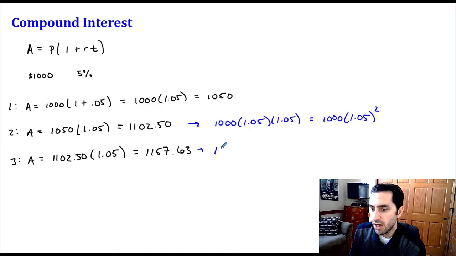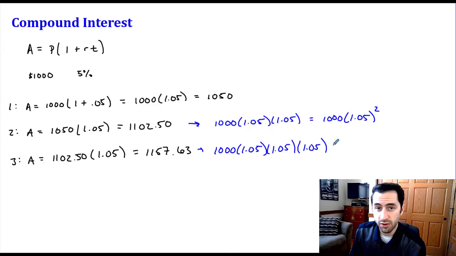So for year 3, I could write this as 1,000 times 1.05, which gave me the future value after year 1, times 1.05, which would give me the future value after year 2. And if I do this one more time, times another 1.05, that gave me the future value after year 3. And again, to rewrite this, we could say 1,000 times 1.05 to the third power.